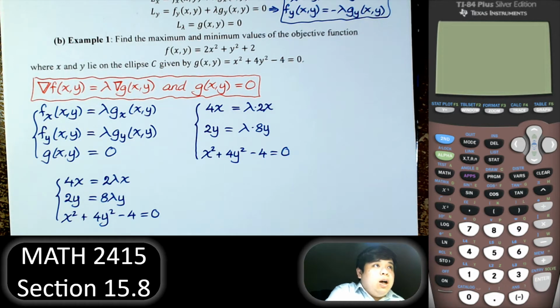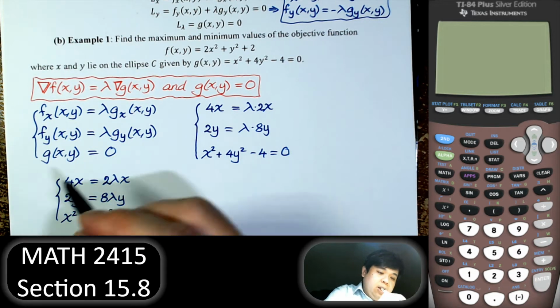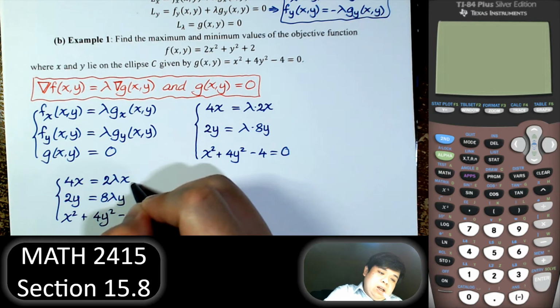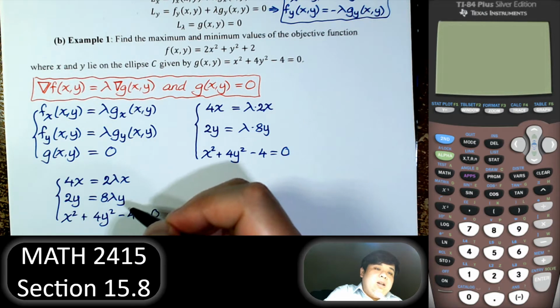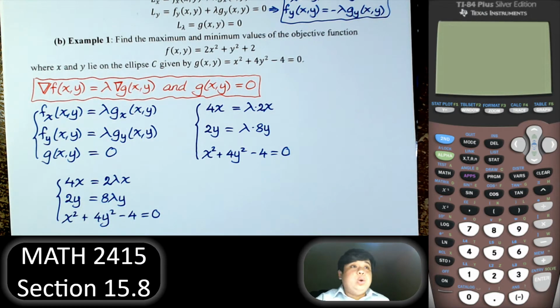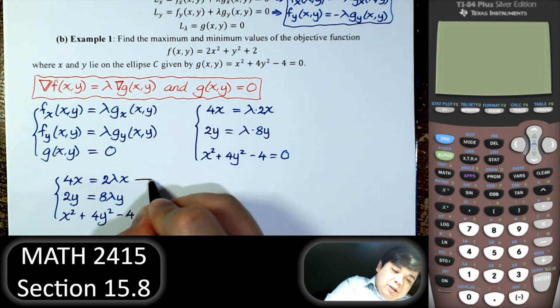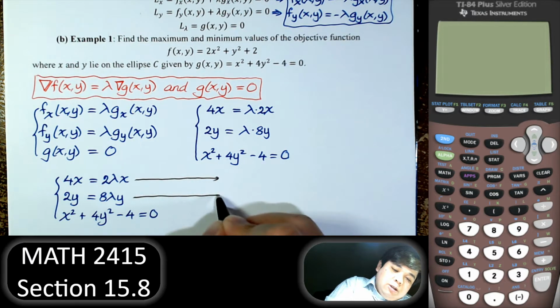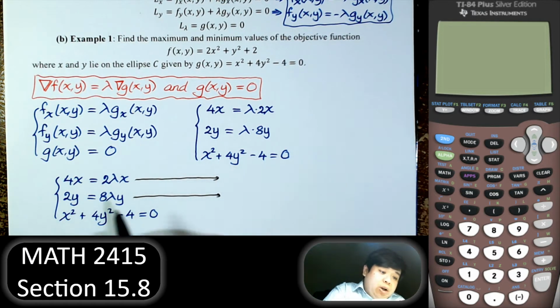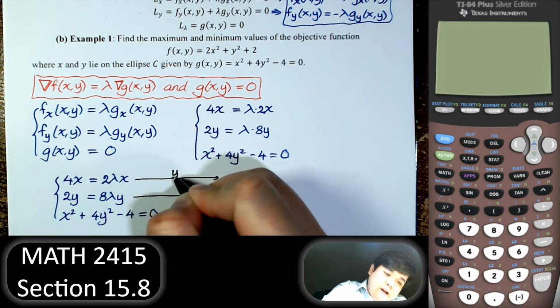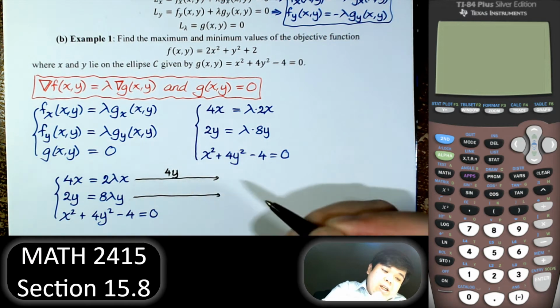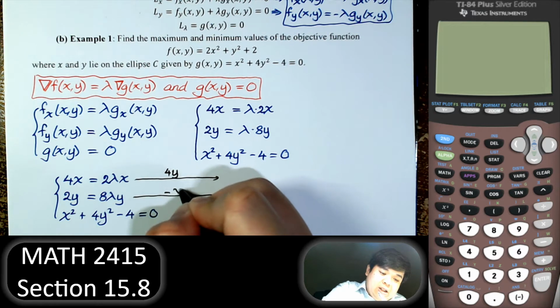Or we can do elimination. If we multiply by y here and multiply by x here, we can eliminate. So I'll use elimination. I will multiply the top equation by y, better yet, by 4y, and the bottom by negative x.